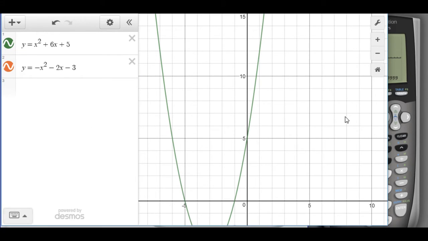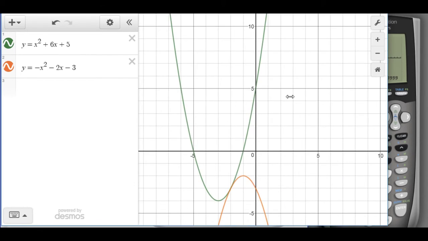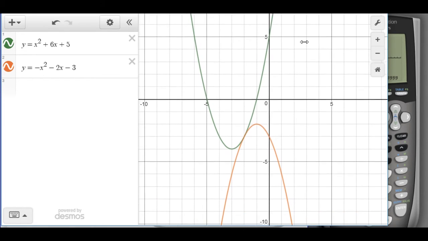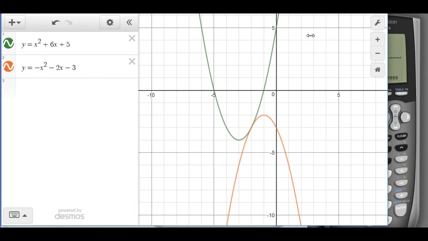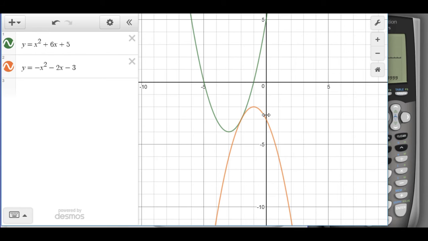And if I click in the area for the two graphs, right now I can't really see where the two equations are intersecting, but if you click in the graph area and then hold and move your graph, you can move your whole window around to better see where they intersect.